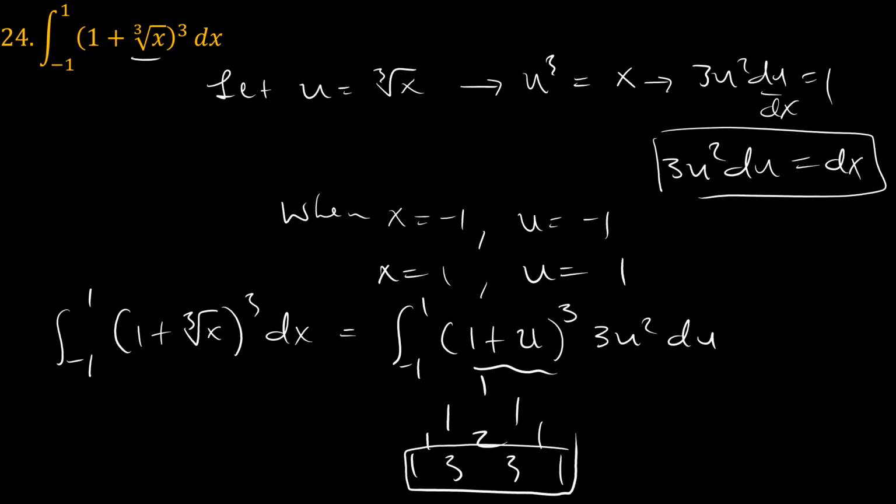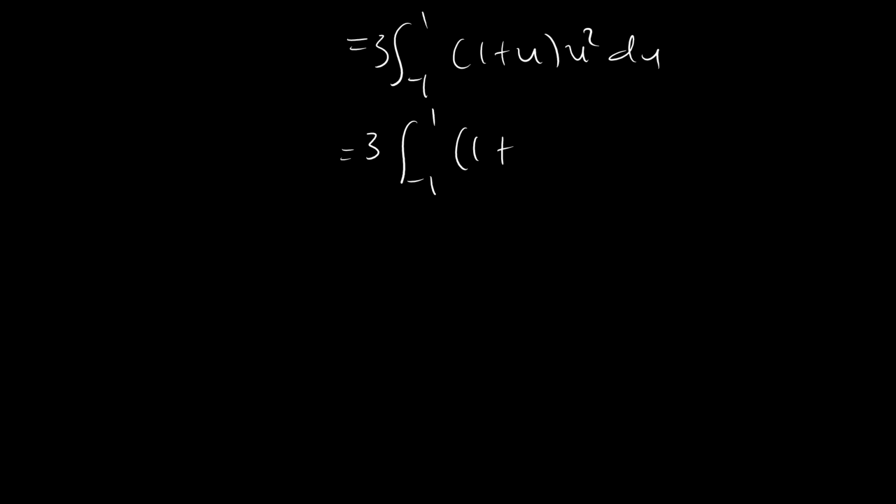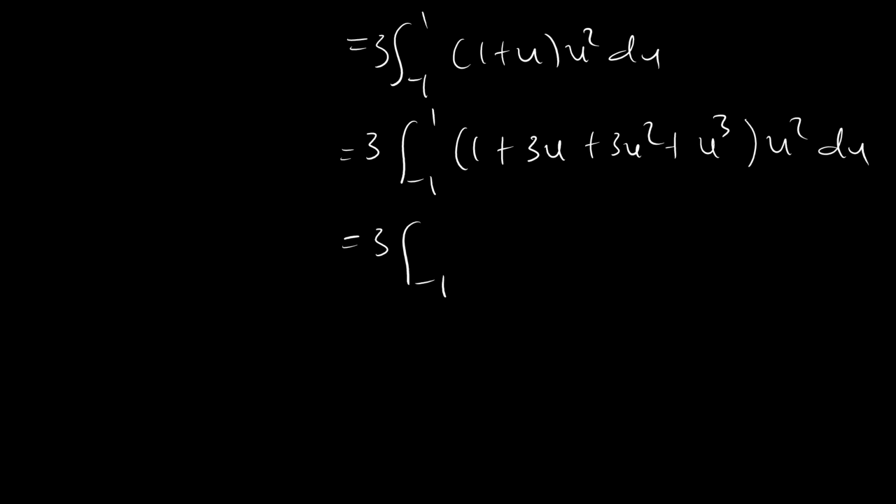So I have 3 times 1 plus 3u plus 3u squared plus u cubed. So this is 3u squared plus 3u cubed plus 3u to the 4 plus u to the 5th.